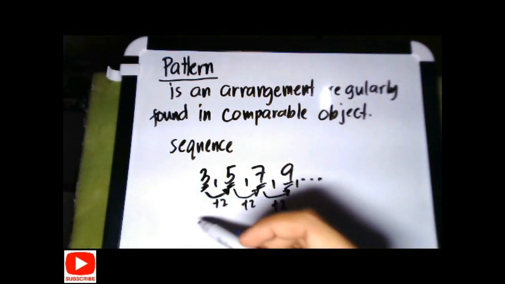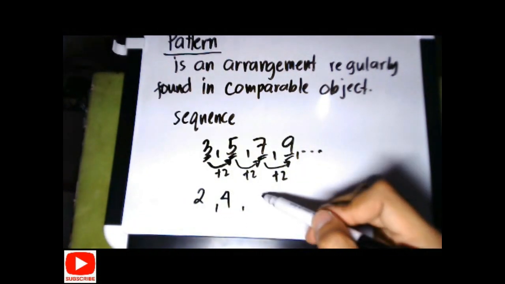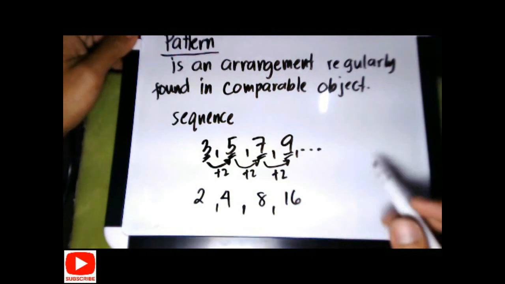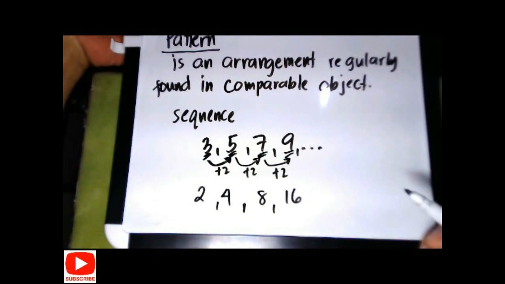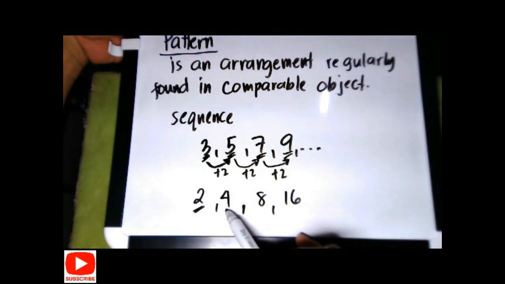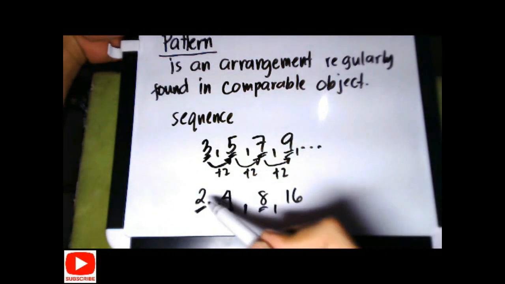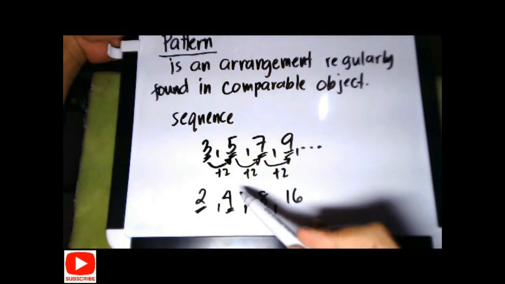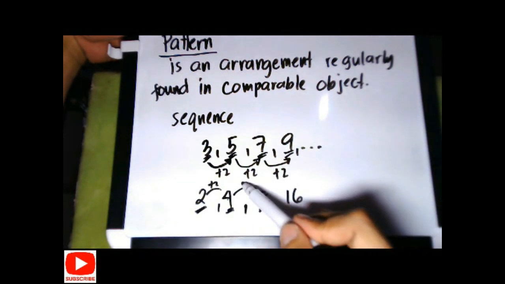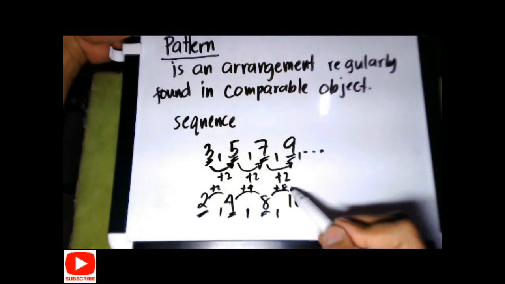Let's take another example. 2, 4, 8, 16. Let's try to identify the pattern of this sequence. What did we do to 2 that becomes 4? What did we do to 4 that becomes 8? What did we do to 8 that becomes 16? Maybe we add 2 to become 4 here, we add 4 to become 8, and here we add 8 to become 16.